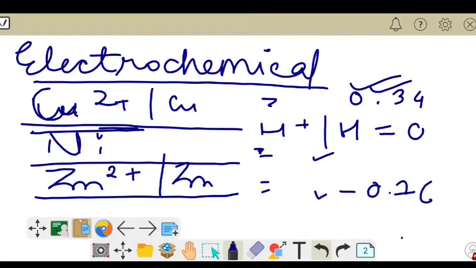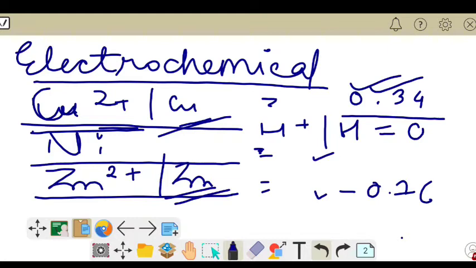So the electrode potential for Cu2+/Cu is plus 0.34, because electrode potential means reduction potential. The tendency to get reduced for copper is more than that of zinc. Therefore, in a reaction where zinc and copper electrodes are there, copper will always get reduced, zinc will always get oxidized. The opposite will never happen.